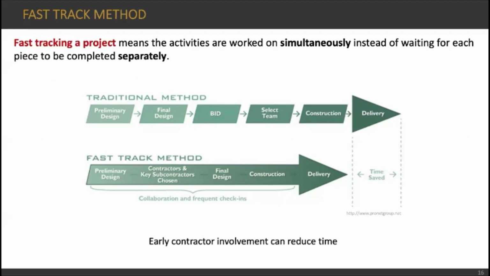And in the fast track method, since the contractor can get involved in the project in early stages, they can have a start-to-start relationship between the phases and activities, and this can reduce time. So we can save time, construction time could be decreased. So this is the method.